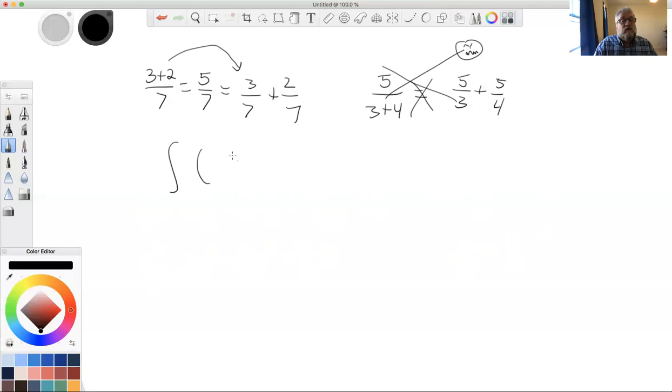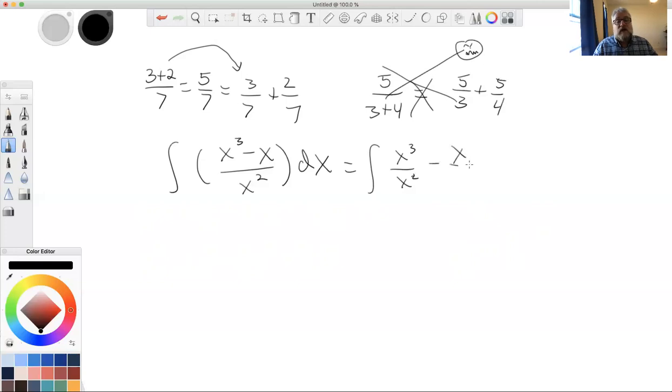Okay, so let's say we have the integral of x cubed minus x over x to the second. Well, this is very inconvenient because this looks like a function over a function. This kind of looks like a quotient rule or something. And there are going to be things that we can do sort of like that, but no. Because I can separate this into 2 separate functions. I can write this as x cubed over x squared minus x over x squared.